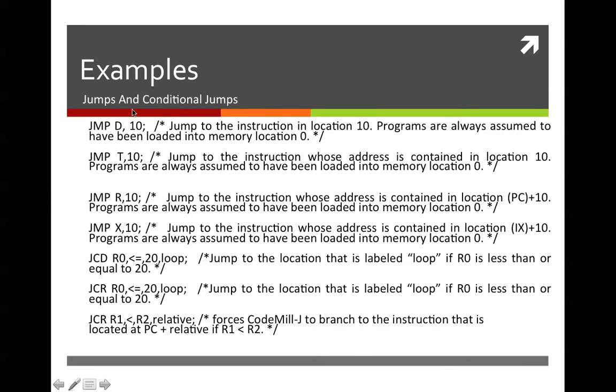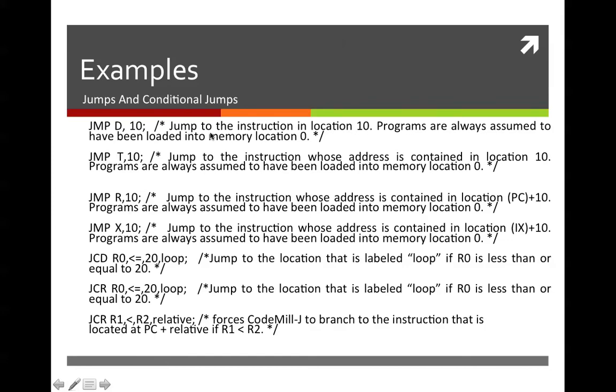So jumps and conditional jumps, like direct jumps, would be jump D, jump T, jump R, and jump X. These are basically direct, indirect, relative, and index jumps. All that means is that we use the address either directly or indirectly or relatively, or as a sort of relative value to an index register in this case.